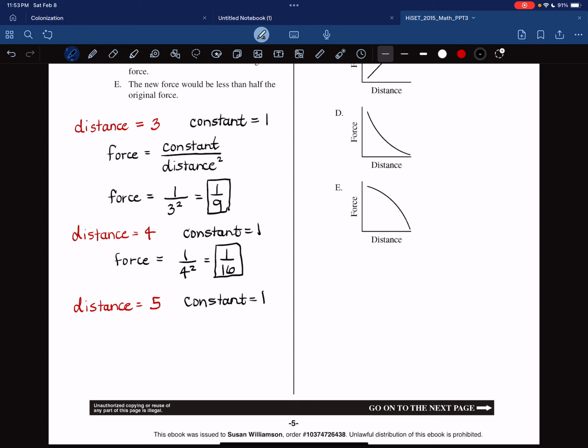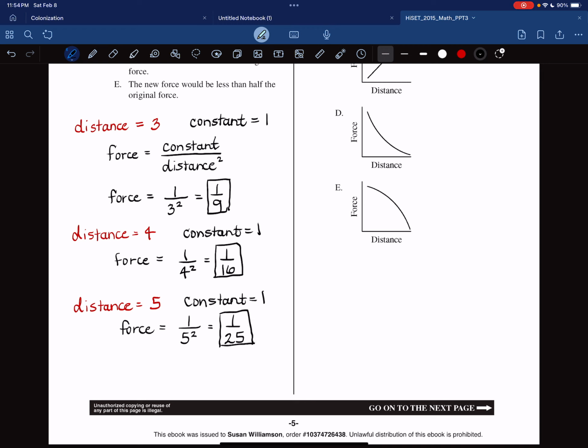So we're going to let it be a 1. So force is going to be 1 over 5 to the second power, which is 1/25. So that fraction is getting smaller and smaller and smaller.